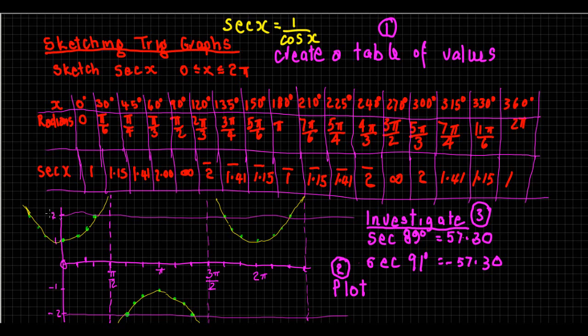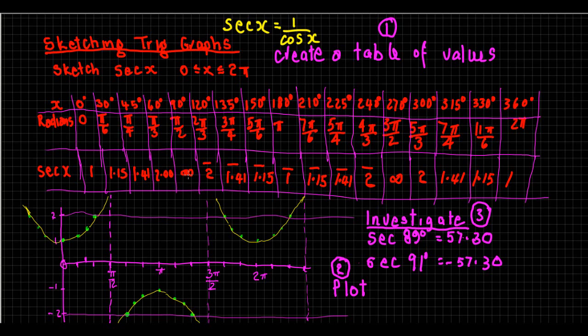And then it's just a simple matter of plotting up the values, the degrees along here, and the range up and down here, the y values, and then just joining the dots. However, we do have a few problems here at 90 where we get the infinity symbol there I've put, or whatever you get on your calculator.